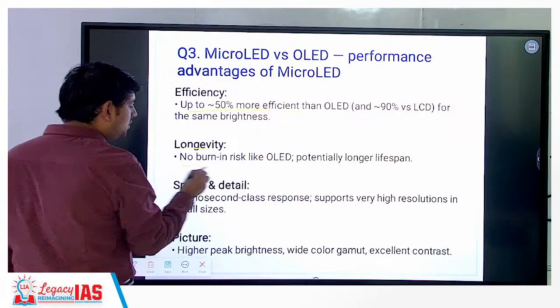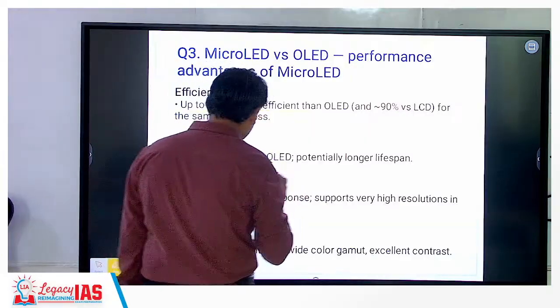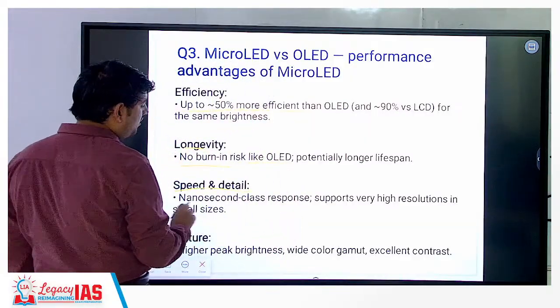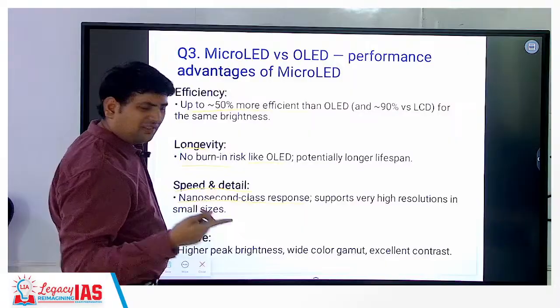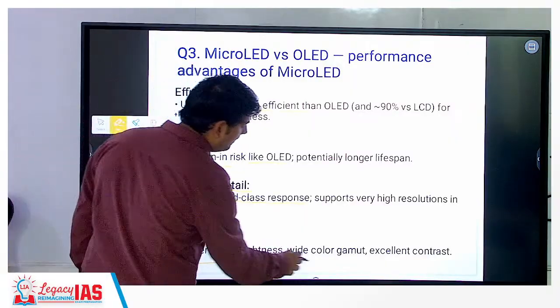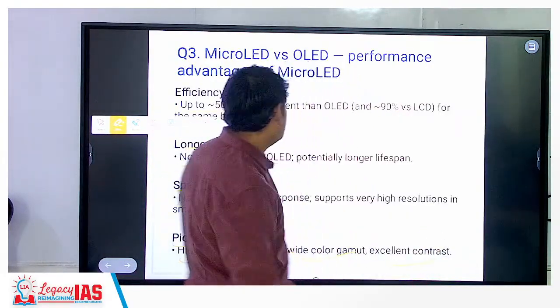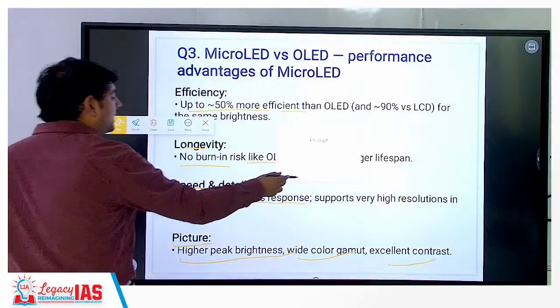Then longevity: there is no burn-in risk like OLEDs. I explained what burn-in is, correct? Then speed and detail: nanosecond-class response, so speed will obviously be better. Then picture quality: higher peak brightness, wide color gamut, excellent contrast. You understood? This will be much better for micro LEDs.